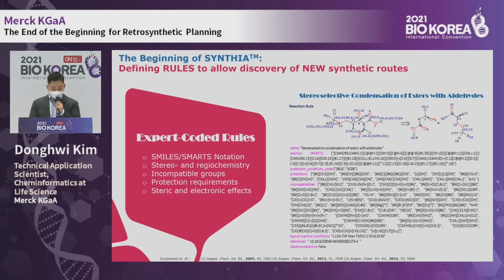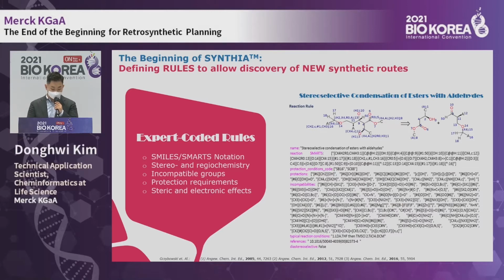Our team of expert chemists began teaching this program chemistry by hand-coding reaction rules into a database. Each rule is based on the reaction mechanism and takes into consideration stereo- and regiochemistry, and even admissible substituents in their electronic and steric effects.